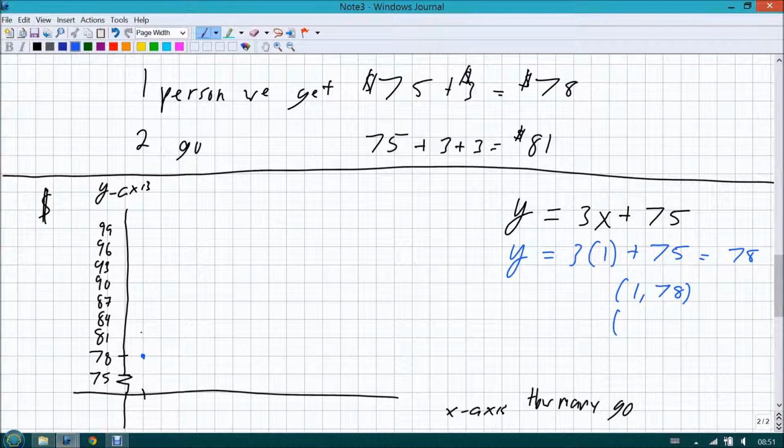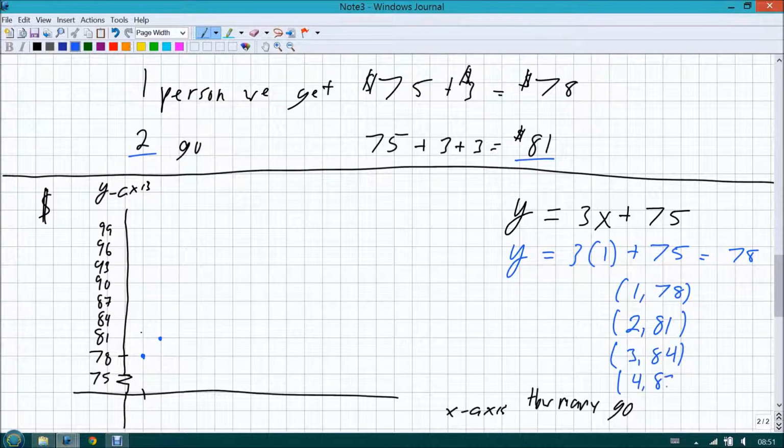Now what happens if I plug in a 2? Well, we already did that earlier, and we got 81. So I go to 2 and then 81. What about 3? What if 3 people go? Well, that'd be $84. What if 4 people go?